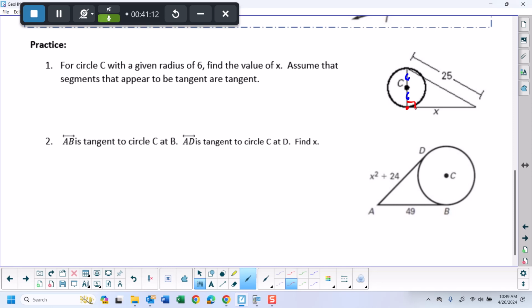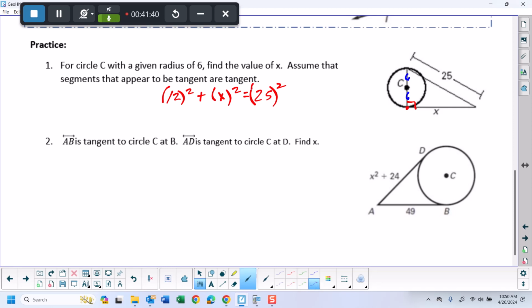So then I know that my side length of 12 squared plus x squared is going to be equal to 25 squared because of my Pythagorean theorem. A squared plus b squared is c squared. 25 is my c because it's the longest side, opposite of my right angle, my hypotenuse.